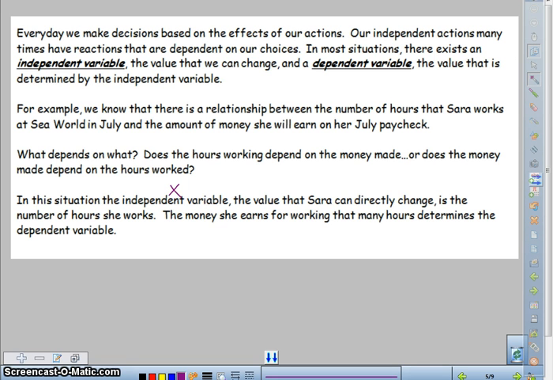The money that she earns is going to be our dependent, or our Y. And if you think about just a simple quadrant right here, if this is our X value and this is hours, and over here we have money, if she works 0 hours, she gets 0 money. If she works 1 hour, let's say that she gets $10 an hour. She's going to get $10. So by changing the number of hours, it's going to change how much money she gets in the end.